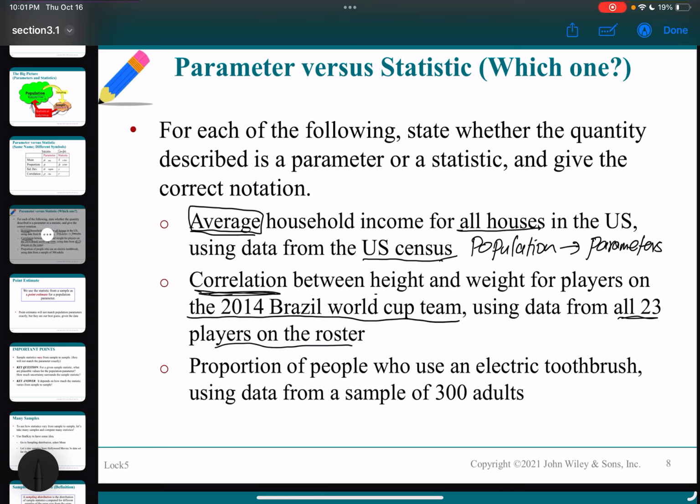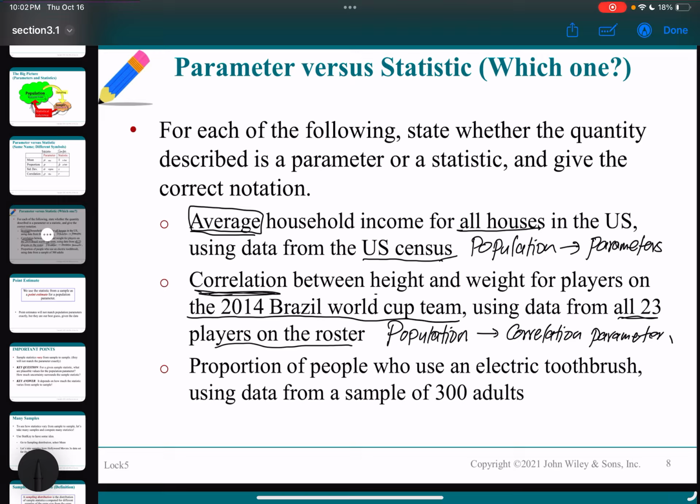So this scenario is based on the population, because they have considered the population. So we have to use the correlation parameter.